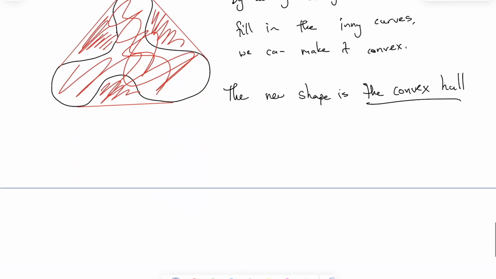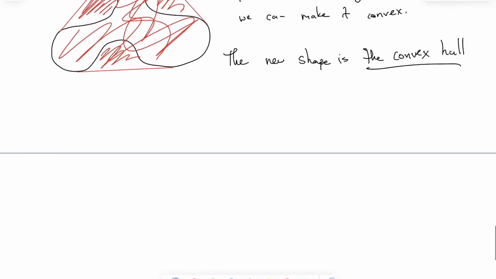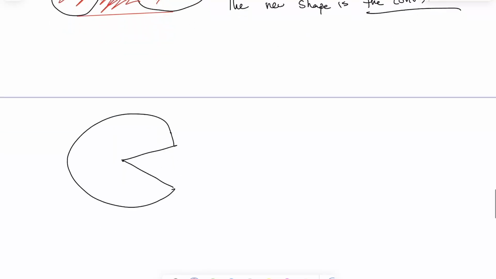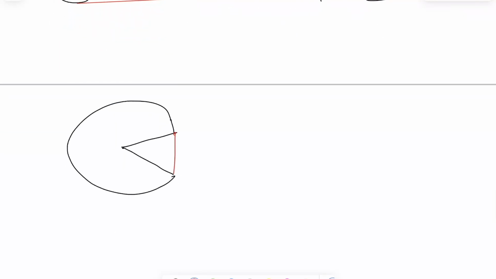Here, we're going to do a bunch of examples. Another example would be something like if I start with a Pac-Man. What is the convex hull of that? Well, the mouth of this Pac-Man is one big innie, and I'm going to close it off by joining a straight line from here to here, and then including this whole area.